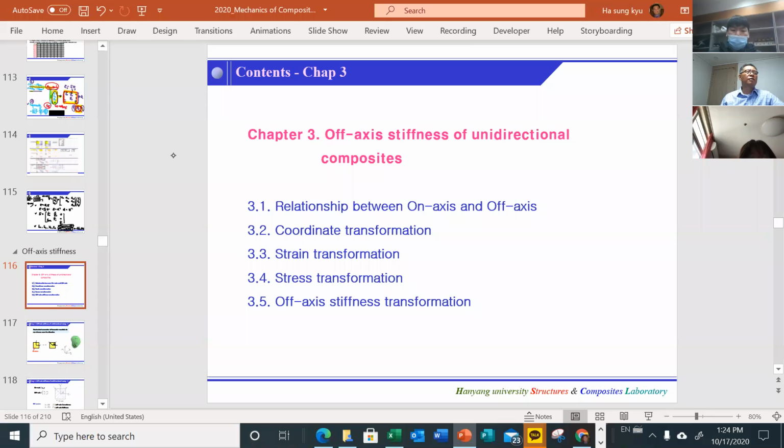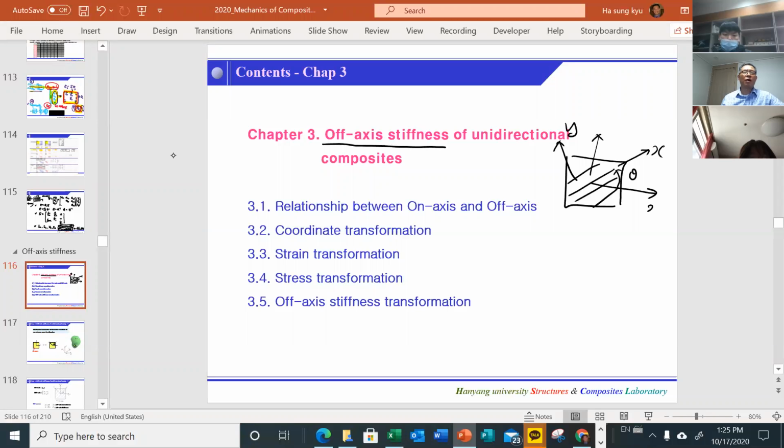Now, as I said, what is the off axis of the unidirectional composite? So for the fiber, as we already defined, this will be X and this will be Y. This is on axis, and now this on axis is rotated by some angle with respect to a reference direction.